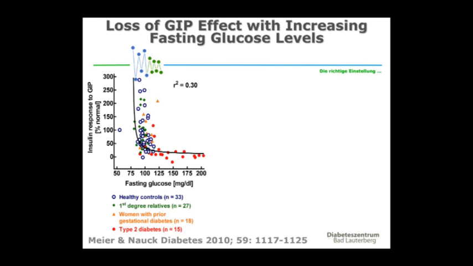So our conclusion from this is, whenever you reach the glucose intolerance that we call diabetes, then the responsiveness to GIP is lost, and it may be reduced in the impaired fasting glucose range.